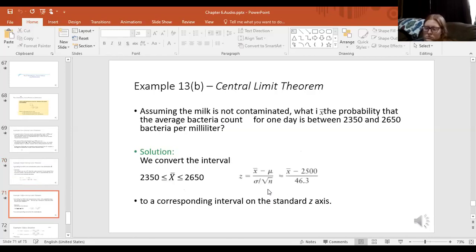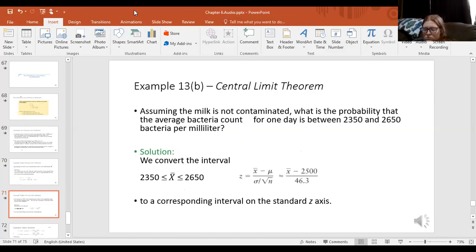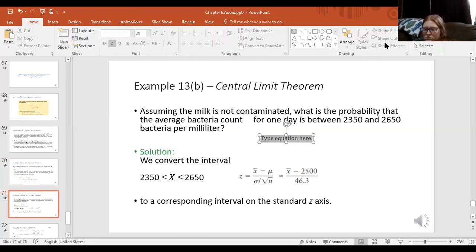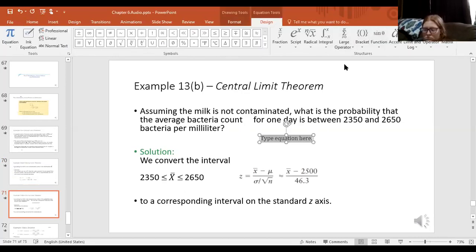So let's look at the question. Assuming that the milk is not contaminated, what is the probability that the average bacterial count for 1 day, let me fix this one. This was the old way of typing. I'm going to change that.